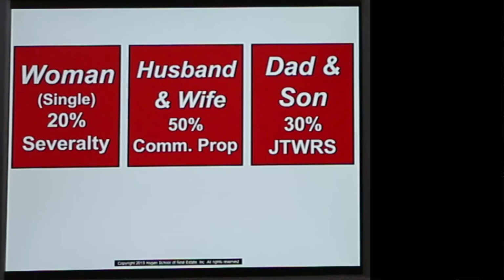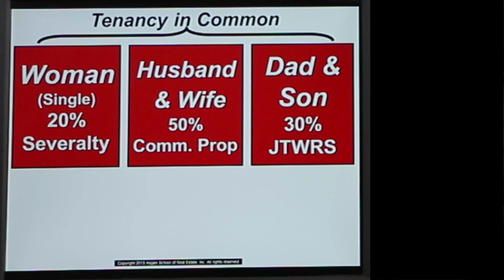The woman can't say, well, there's my 20% and there's the rest of yours. They're undivided interests. Collectively, since it's two or more separate and distinct entities, what we have is a tenancy in common.